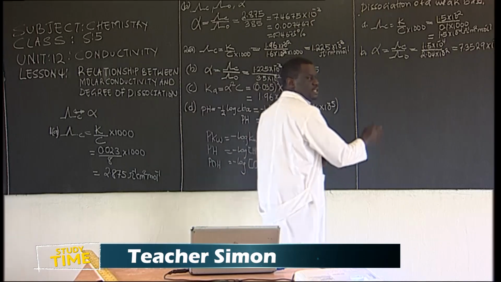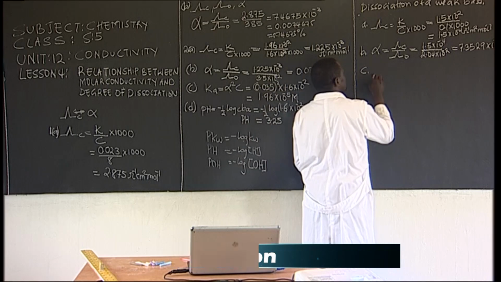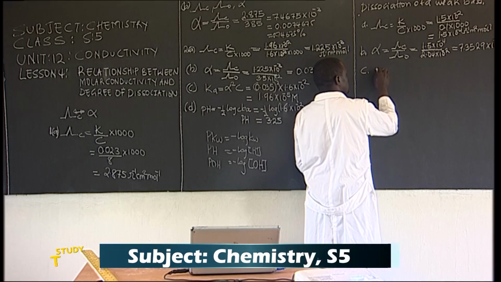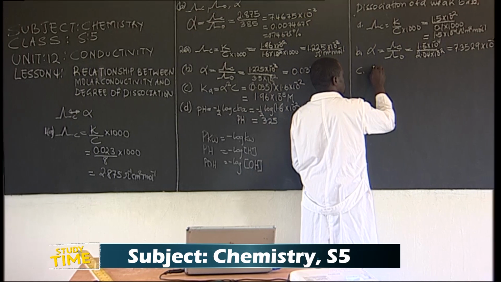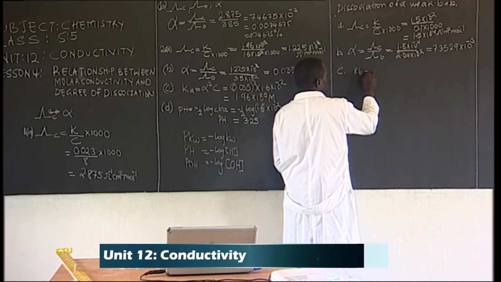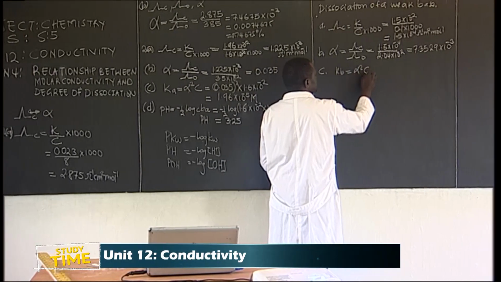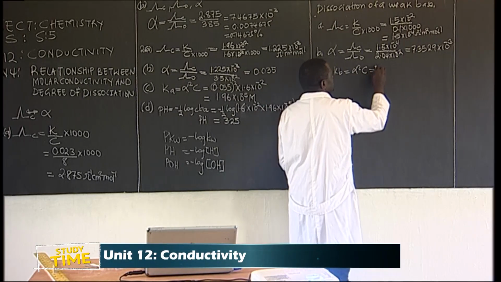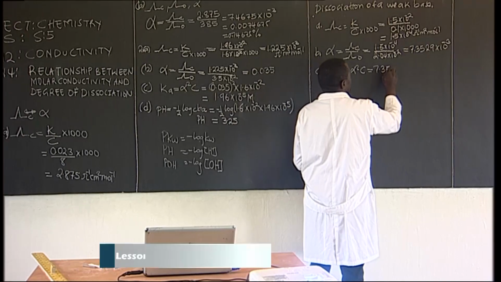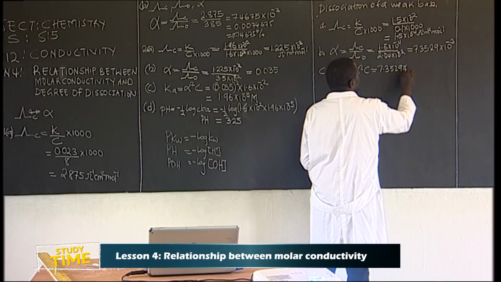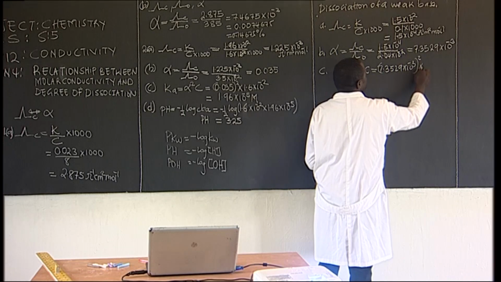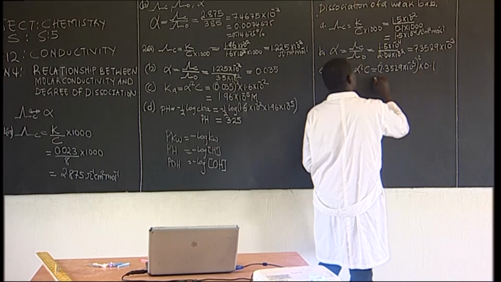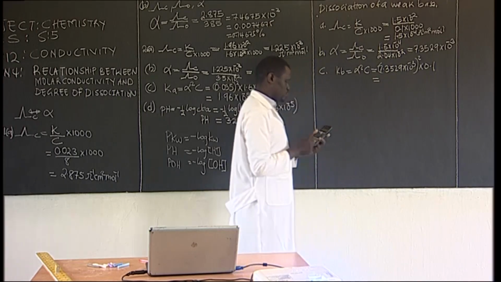So then, base dissociation constant. Our base dissociation constant, Kb, will be equal to alpha squared C. So we say 7.3529 times 10 to the power negative 3 squared times 0.1. I like 0.1 because it is easier to use.